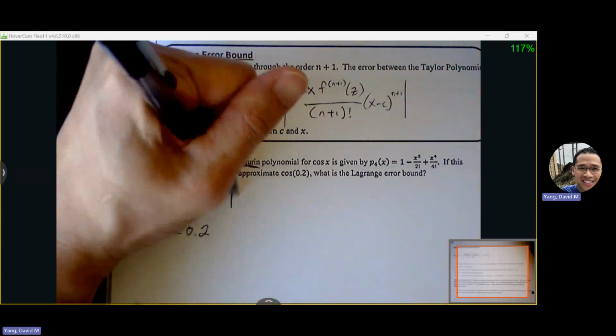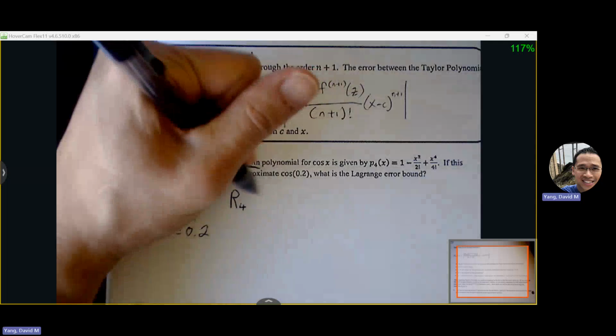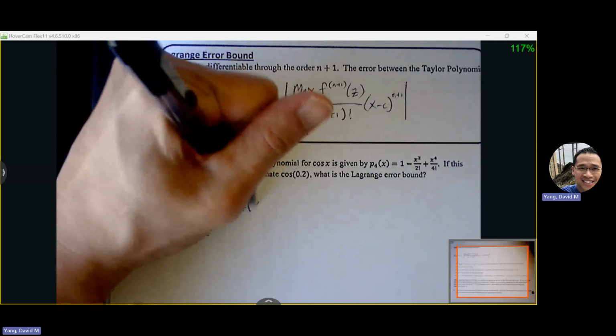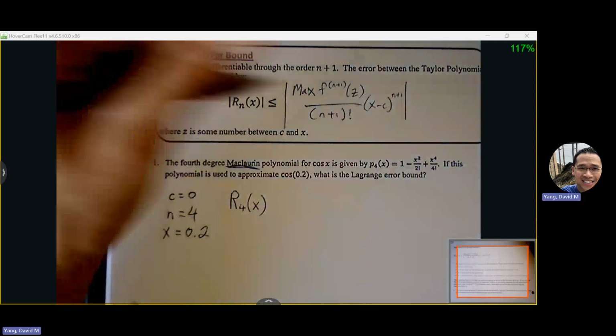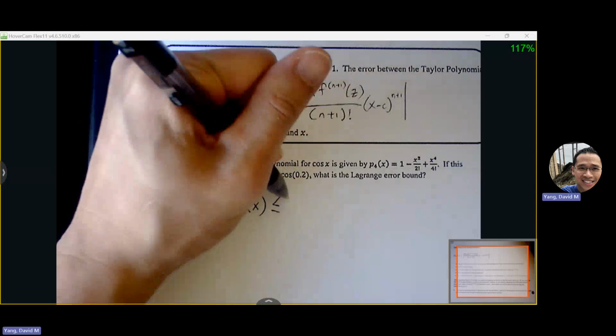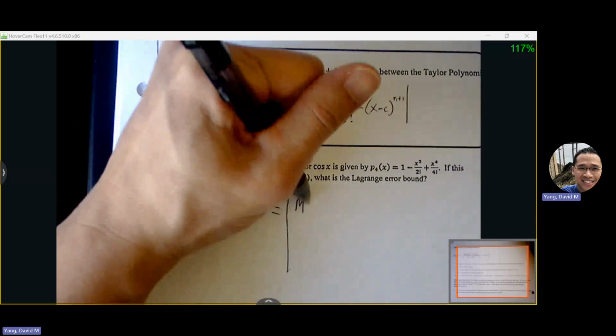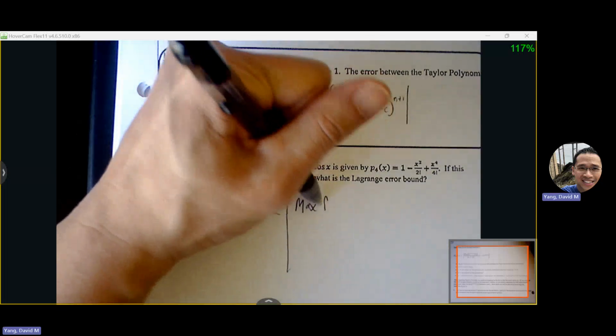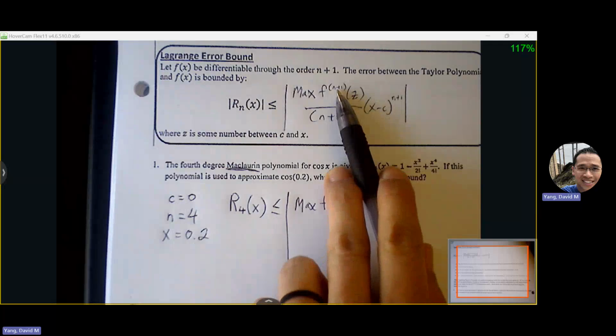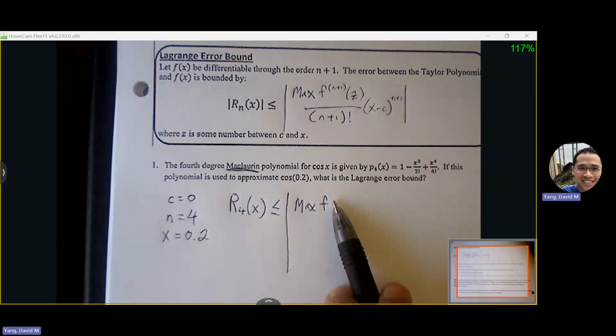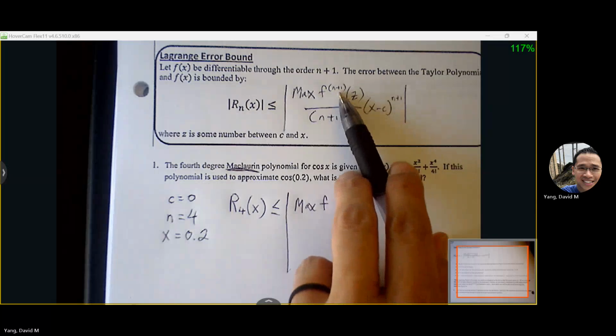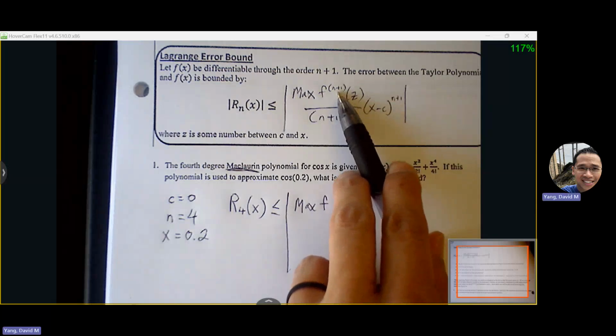I want to approximate the fourth degree remainder. I know my fourth degree remainder is going to be guaranteed to be less than or equal to the maximum of my n plus first derivative. So which derivative am I working on here? 4 plus 1, therefore the fifth.